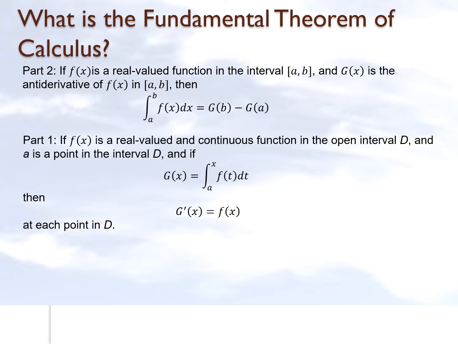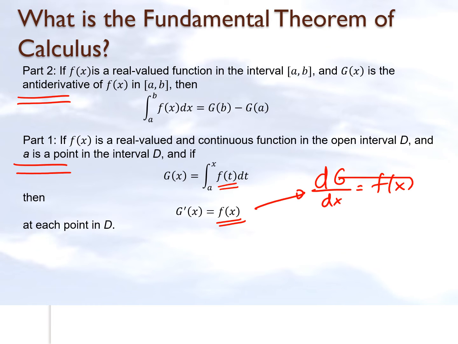So here I'm showing you both part 1 and part 2, but I'm showing you part 2 first and then part 1, because when you look at the combination of part 1 and part 2, what you are basically seeing is that if I want to find the value of the integral of f of t, I can always write it as dg by dx is equal to f of x.